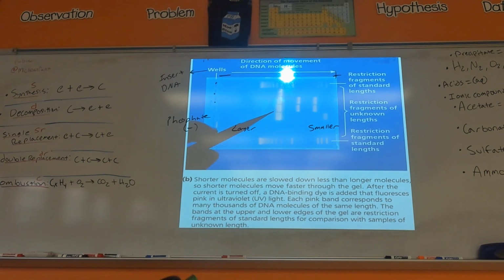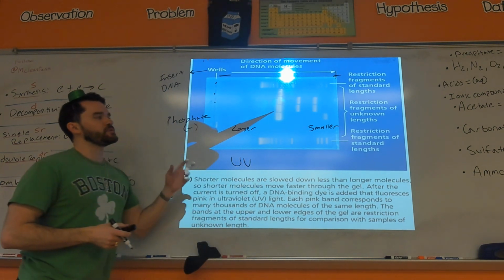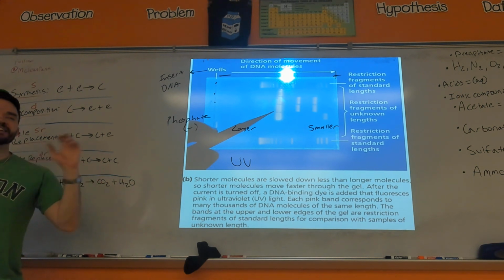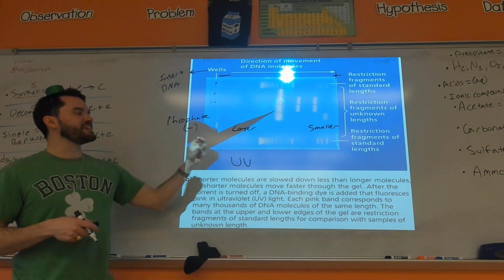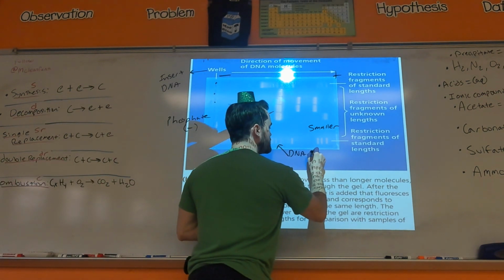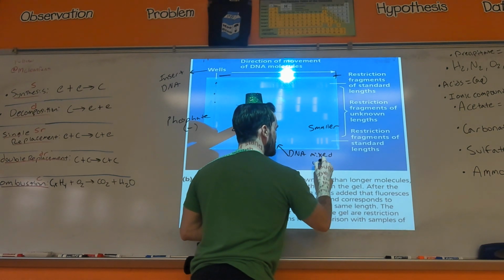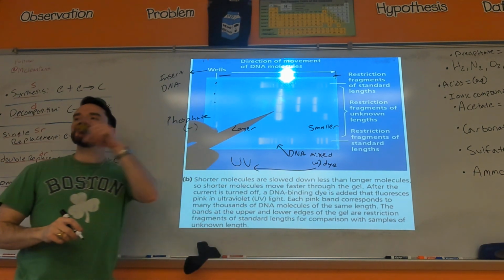Anyways, now what they're looking at under here is a UV light. So what you'll end up doing is you're going to dye these gels, and the dye will help you see the DNA. So this DNA is mixed with dye, and that dye will fluoresce under UV light.